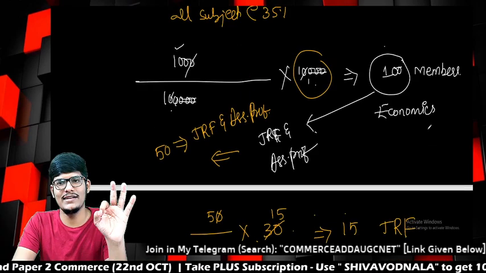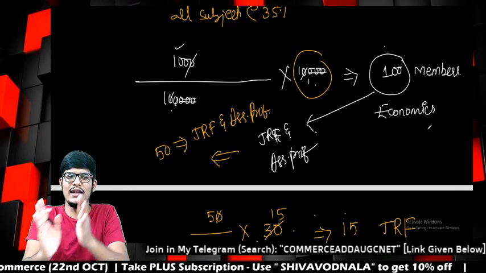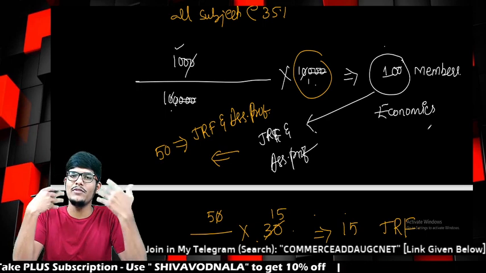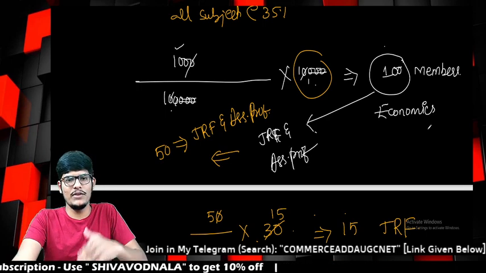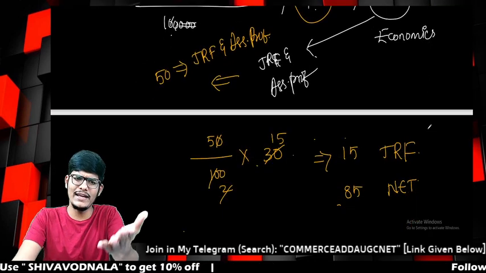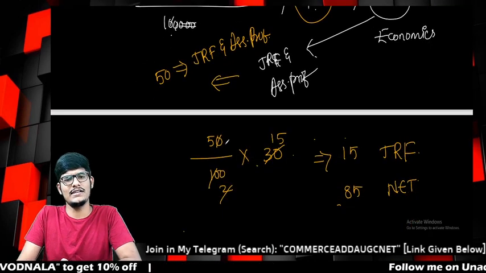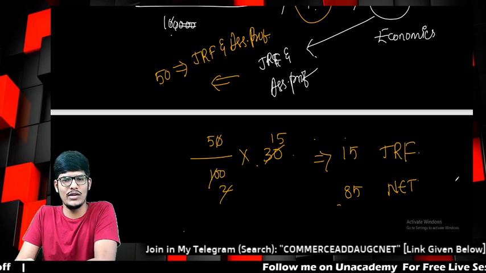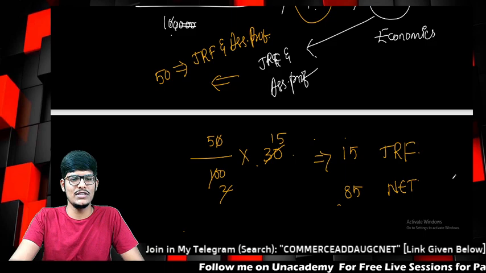Now I hope you understand. Out of the 100 members, we segregated 50 members who applied for JRF and assistant professor. Even if 100 members applied for the JRF and assistant professor both, they will take 100 divided by 100 into 30. In such a case, only 30 people are going to get JRF out of 100. Remaining 70 are going to get NET. This is the final conclusion that I can give.